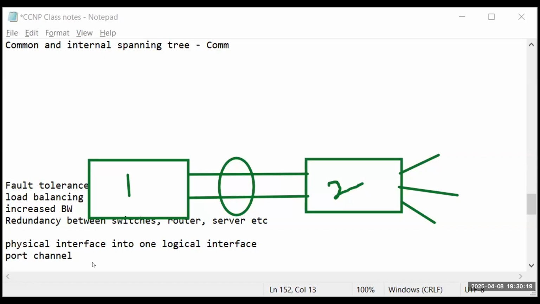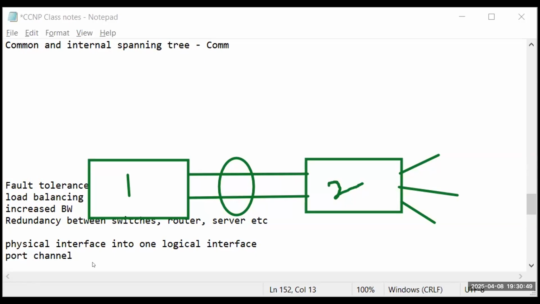Additionally, if any one physical link fails within the channel group of physical interfaces, it's not going to create any topology change. As an end user, you will not see any alerts or any difference in network performance because only one interface has gone down.